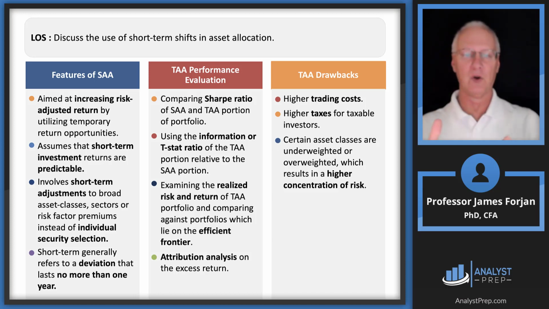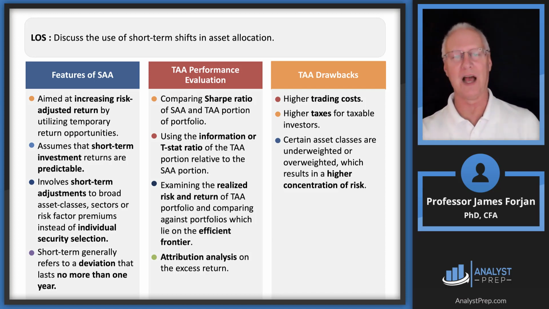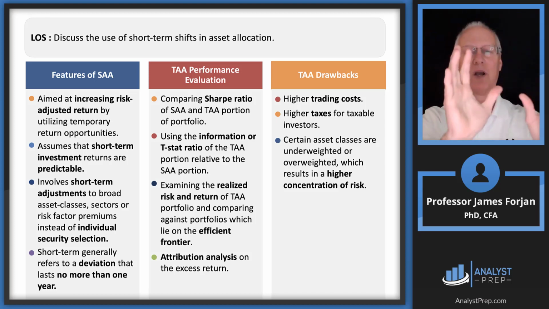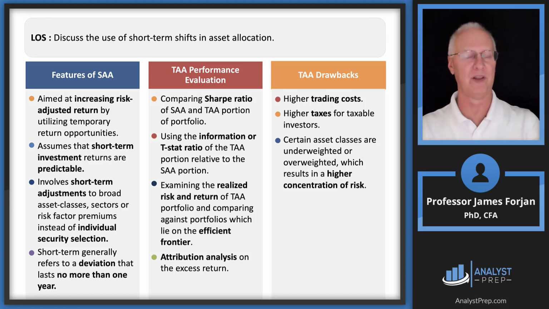But what we can do is we can use Sharpe to evaluate the strategic asset allocation and the tactical asset allocation. We can use information ratio, we can use t-stats, we can use all of the quantitative methods that we learned before. And notice in the middle there, right? Comparing portfolios that lie on the efficient frontier. So we're trying to push up, and then we're going to look around and say, okay, what are the other offensive linemen doing?